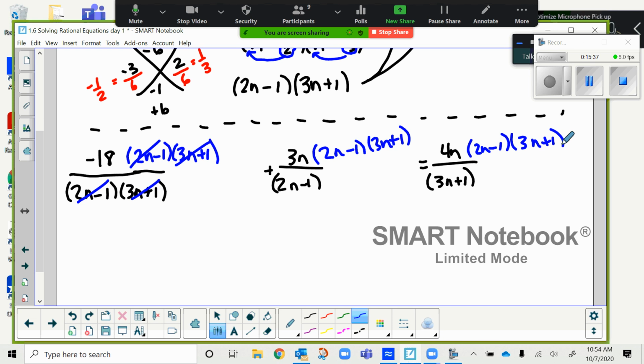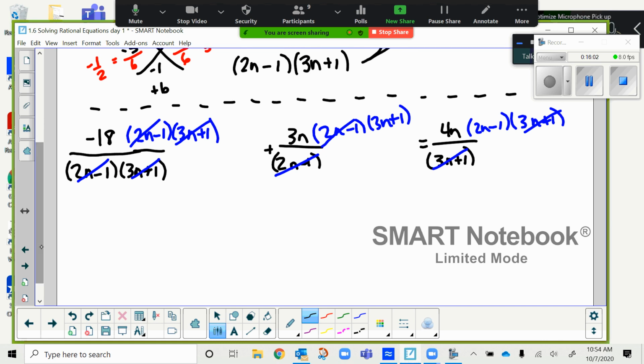And now look at each of those terms and figure out what's canceling there. On the second term, the 2n minus 1s cancel. And on the right-hand side, the 3n plus 1s cancel. So when your steps say to multiply by the LCD, that's the blue stuff, the 2n minus 1 times the 3n plus 1 that everything got multiplied by.